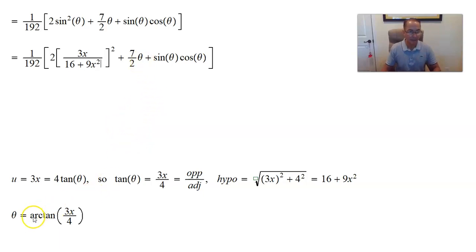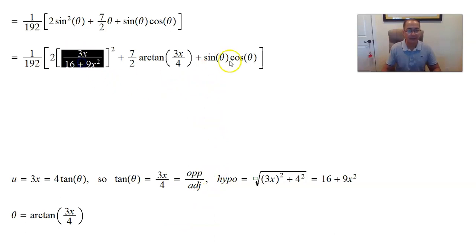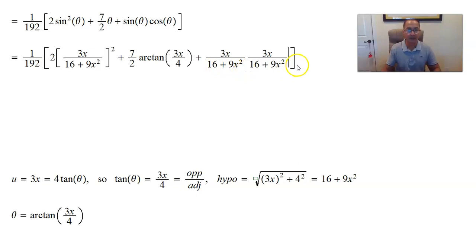Our theta is arctangent 3x over 4. There we go. Sine theta. Oh, we already have sine theta over here. Thank you. Cosine theta, though, is adjacent over hypotenuse. That's already our hypotenuse. All we have to do is change opposite to adjacent, which is 4. So there we go. This is just about finished.